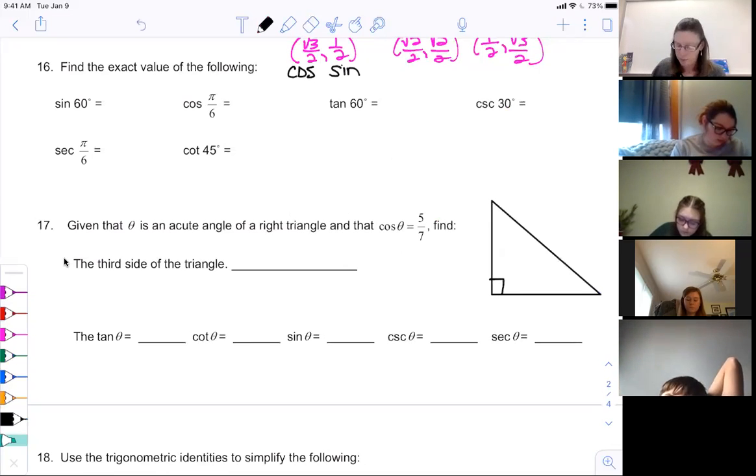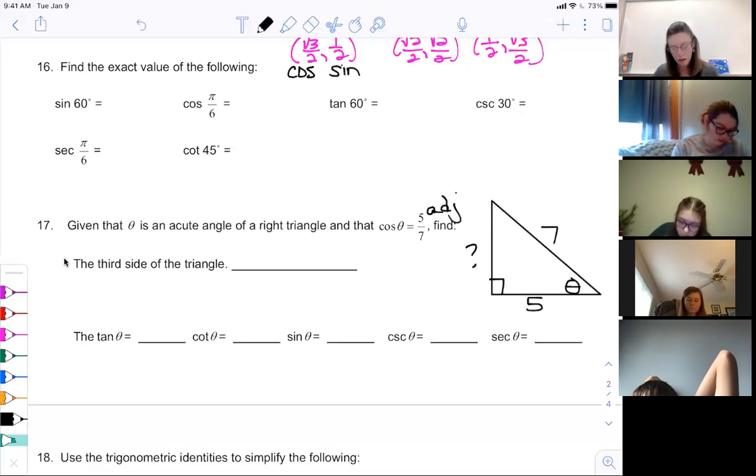The side next to the angle and the hypotenuse. Yeah, so pick an angle wherever you want it to be. The side next to it is the adjacent, and then the hypotenuse. It says the third side of the triangle, so you need to find that third side. That's what we want to find. And after you find it, you're going to find the other functions that are listed underneath.